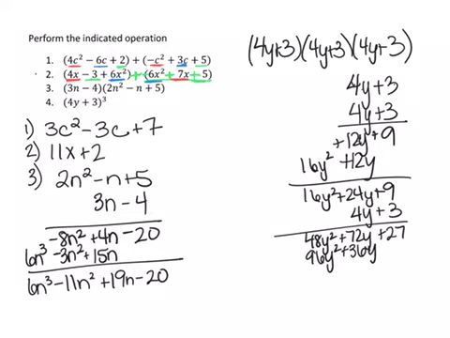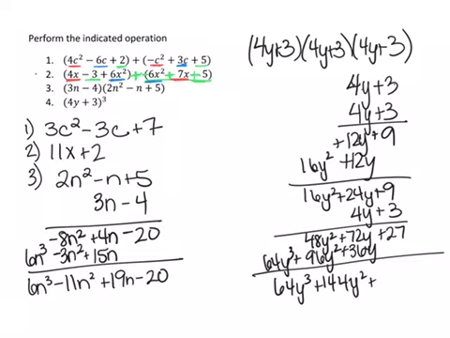And 4y times 16y squared is 64y cubed. And then we'll add up our like terms here. We have 64y cubed plus 144y squared plus 108y plus 27.